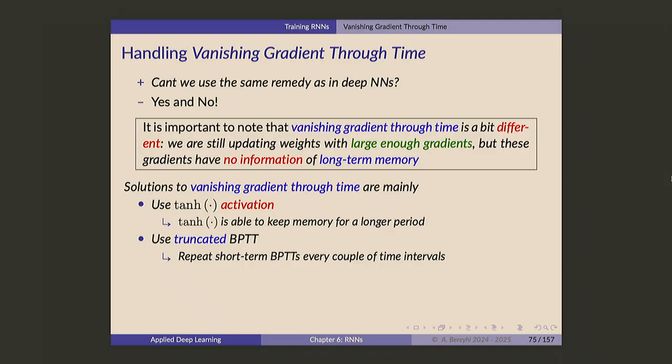So your weights are going to get updated with the information from time 0 to the time that you are in.